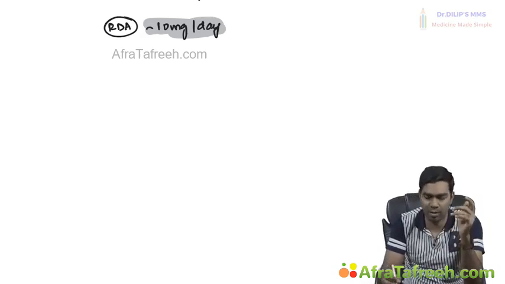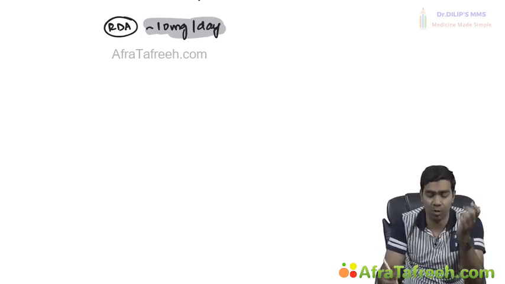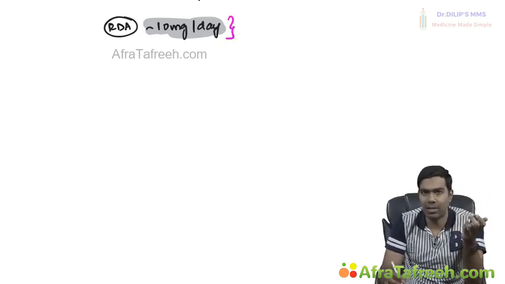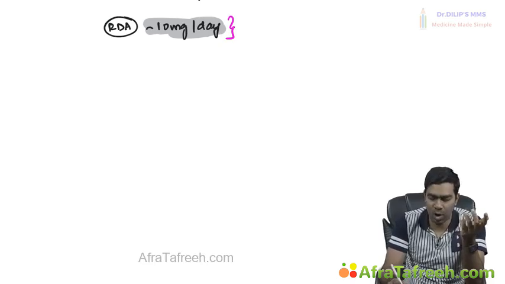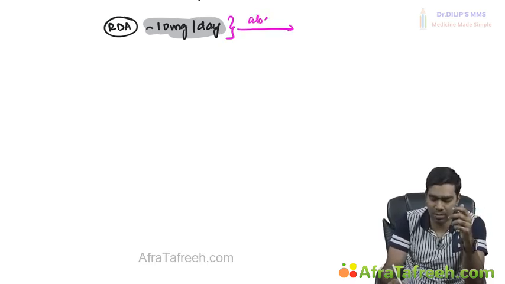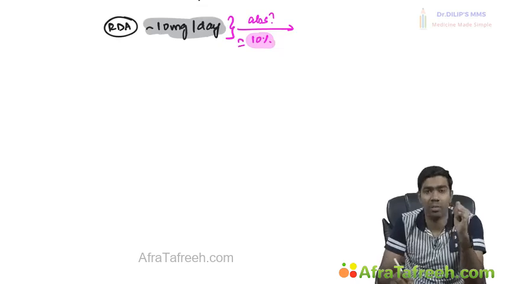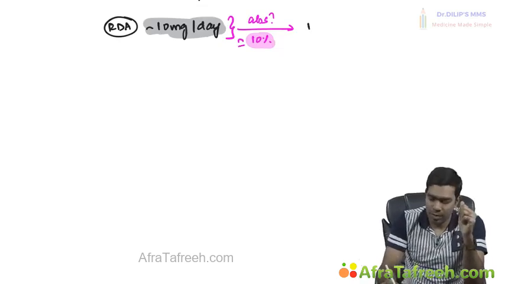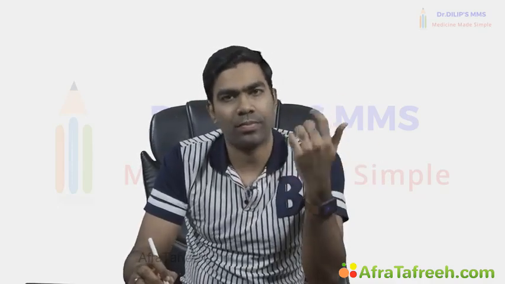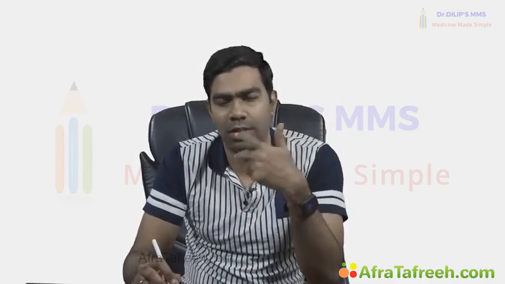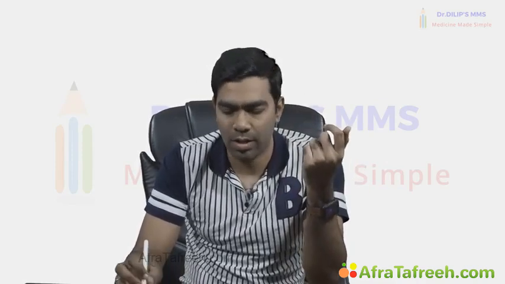Out of 10 milligram per day, only 10% on an approximate average is absorbed. So only 1 milligram per day is actually absorbed and the remaining 9 milligram per day is not absorbed at all.